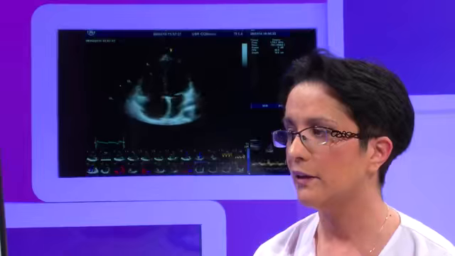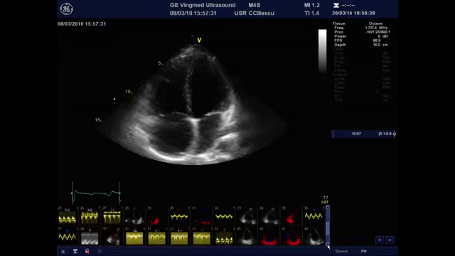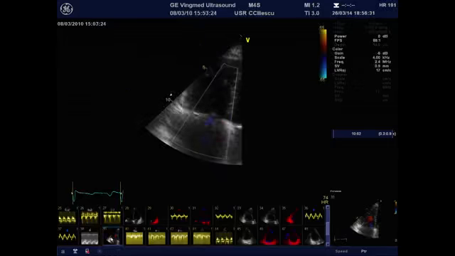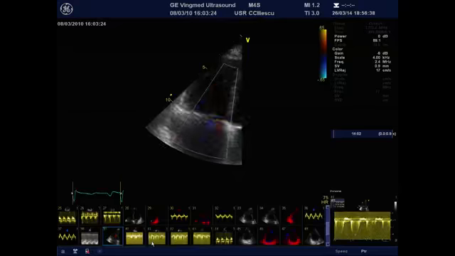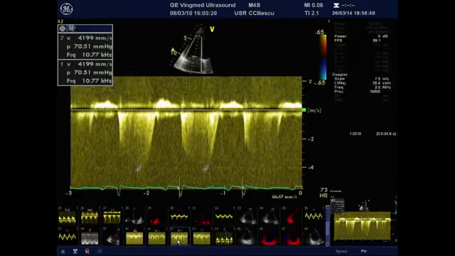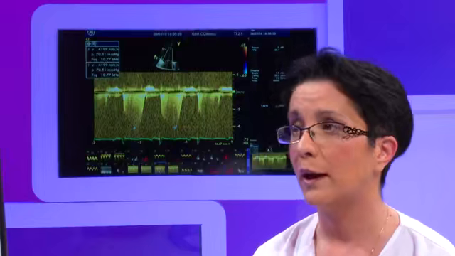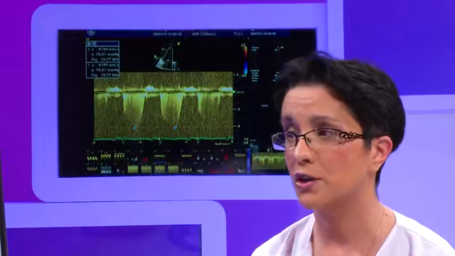And indeed, in this patient, we found by interrogating with continuous wave Doppler the tricuspid regurgitation, which was, by the way, mild, we found a gradient of 70 millimeters of mercury between the right ventricle and right atrium, confirming the presence of pulmonary hypertension, which was then confirmed by pulmonary artery catheterization.